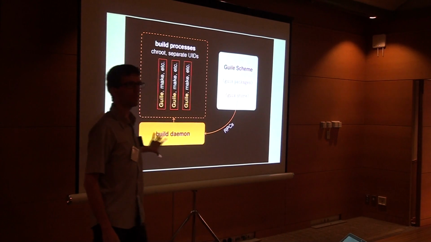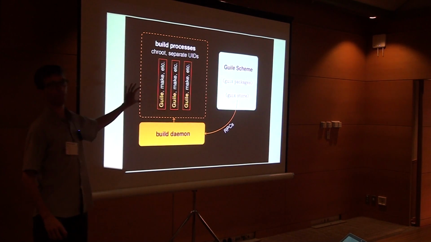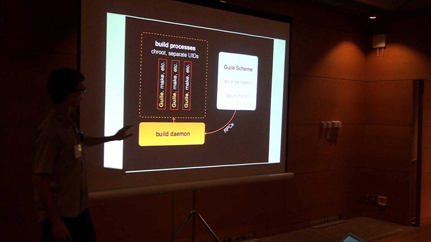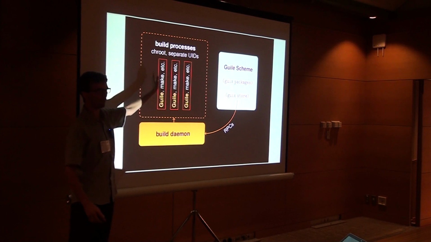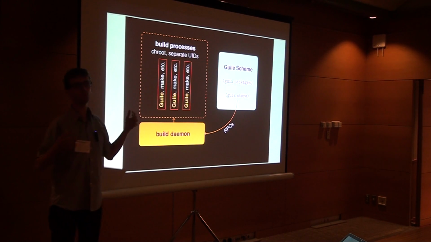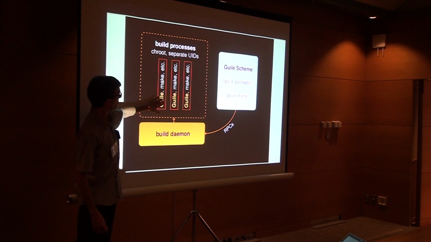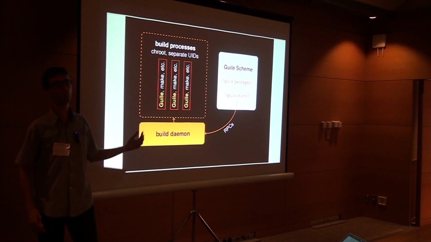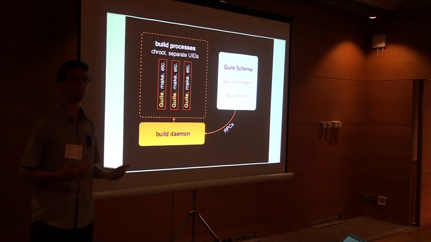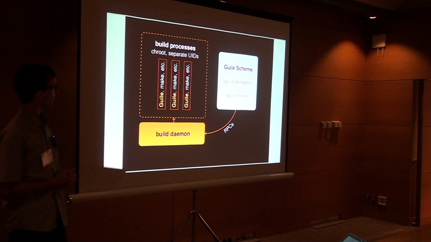And from there, the build daemon can actually create isolated build environments. So every time you build something, it will automatically spawn an environment in a chroot with separate user IDs and so on, such that your build process cannot possibly refer to things that were not declared as part of its inputs.